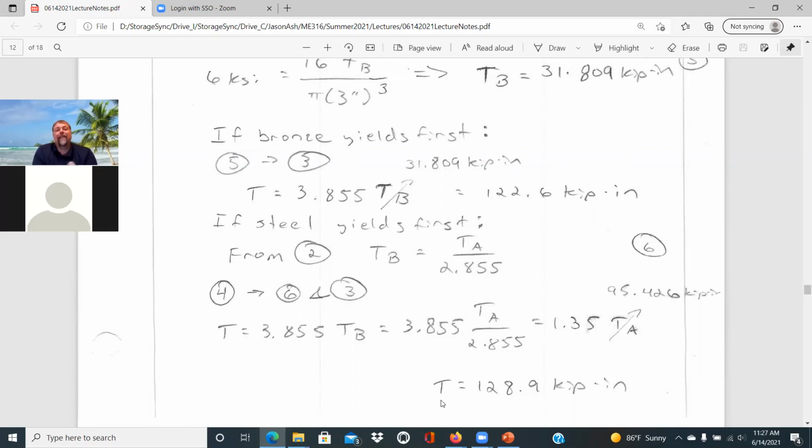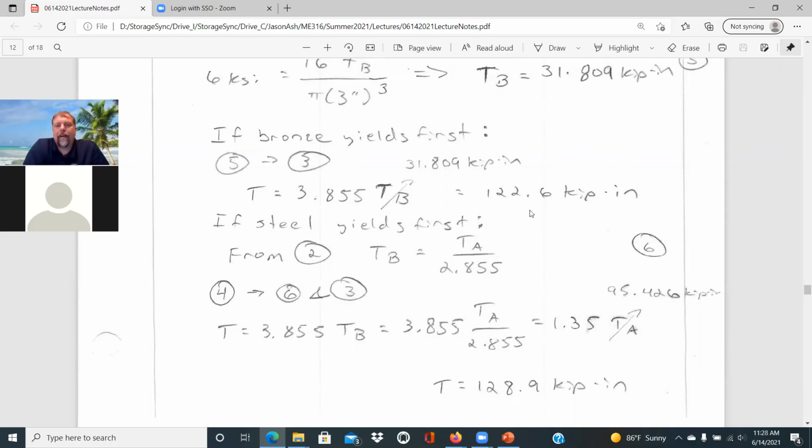And so we want neither of the materials to yield. And so that tells us the maximum torque that can be applied is this lower one, the 122.6 kip inch. What that means is that the shear stress at A is going to be slightly lower than this, because we're not ratcheting it up all the way to the 128.9 kip inch.